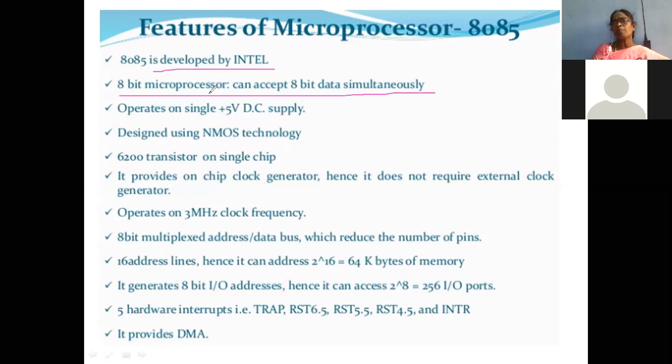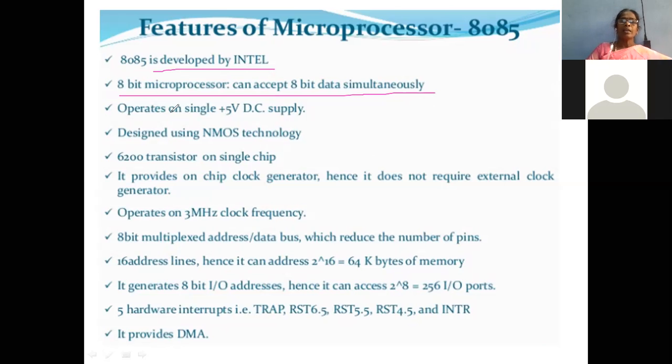The data lines increase in powers of 2: 2 power 3, 8-bit processor; 2 power 4, 16-bit processor; 2 power 5, 32-bit processor; 2 power 6, 64-bit processor, like that.